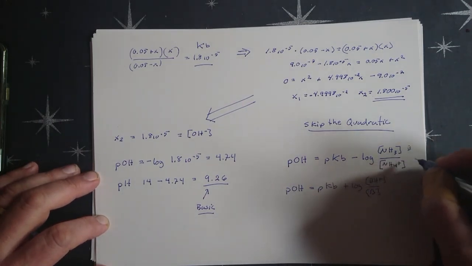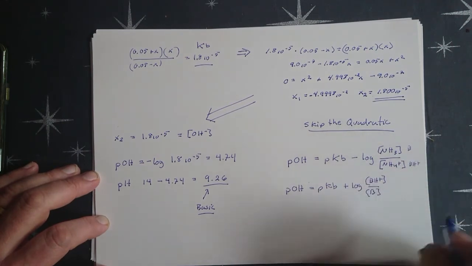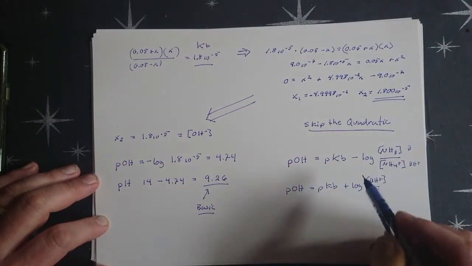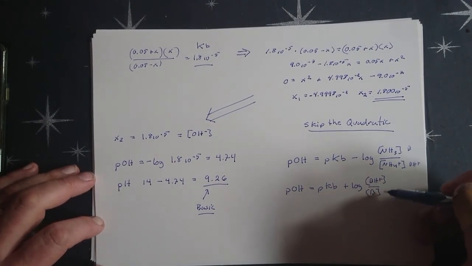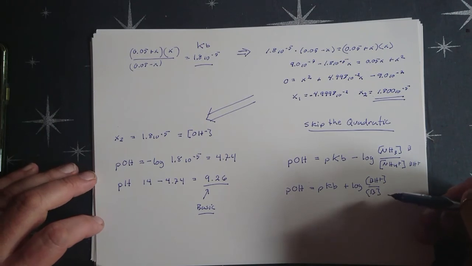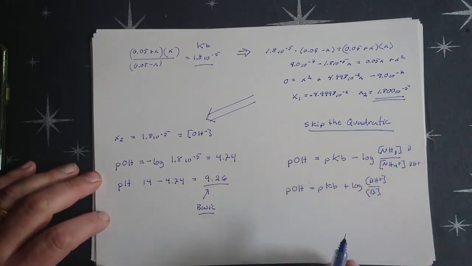Since this is the base and this is the BH plus, we're just flipping it. When you switch the sign on the log, it inverts the fraction here.